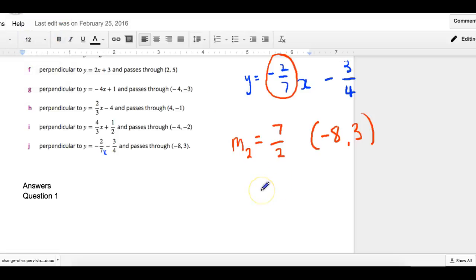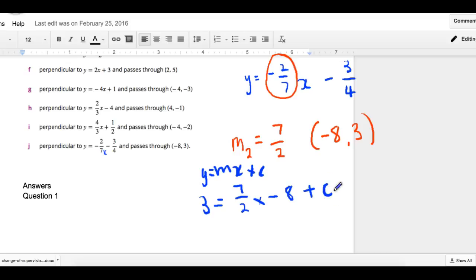Okay, so we have the general equation of a straight line is y equals mx plus c. Substitute those values in, so we have 3 equals 7 on 2 times negative 8 plus c.